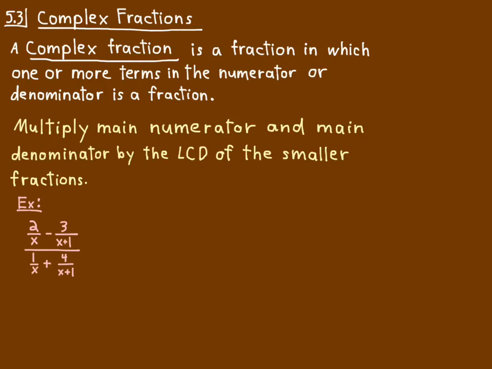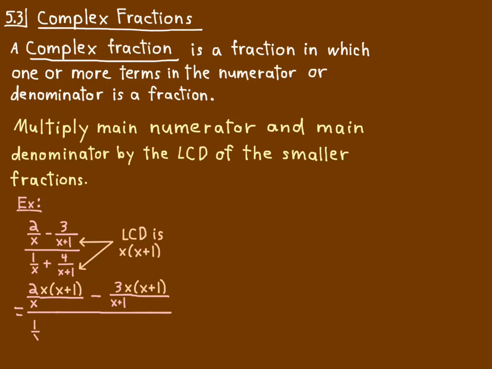So I have to find the LCD of the smaller fractions. Well, there's only 2 factors involved here. One is an x and the other is an x plus 1. So I have to make all these x times x plus 1 in the denominators, the little denominators. Okay, so maybe you write down what the LCD is, if that makes it easier for you.